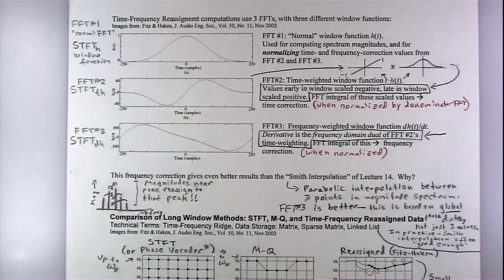So the top one is let's say that's the window function you're using. It's a raised cosine window in this case. It's used for computing the spectral magnitudes, and it's used for normalization. What do I mean by normalization? Look at the previous page. In the denominator, the thing you're dividing by is also your normal FFT. You have to be careful.